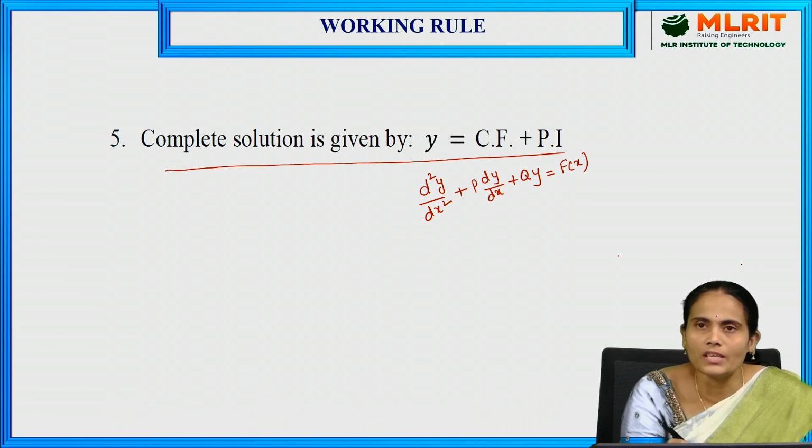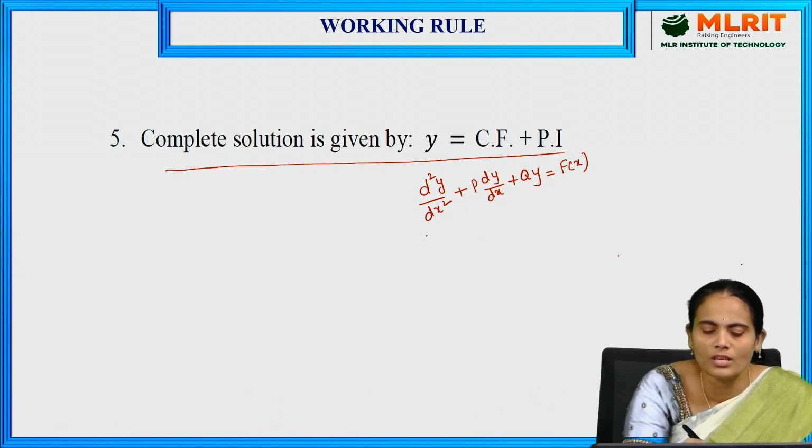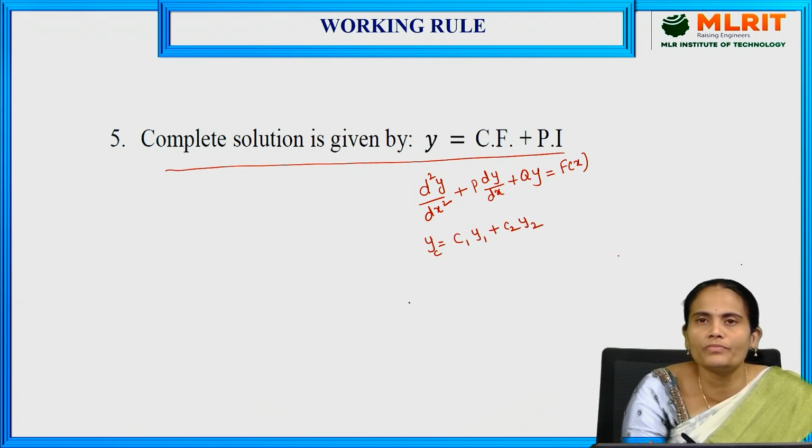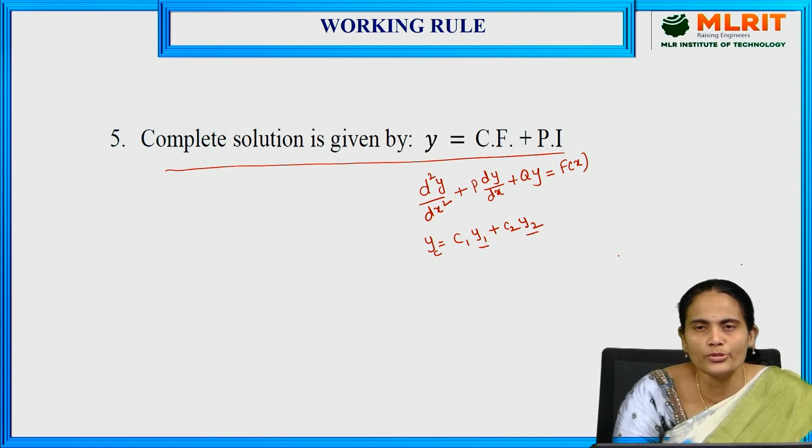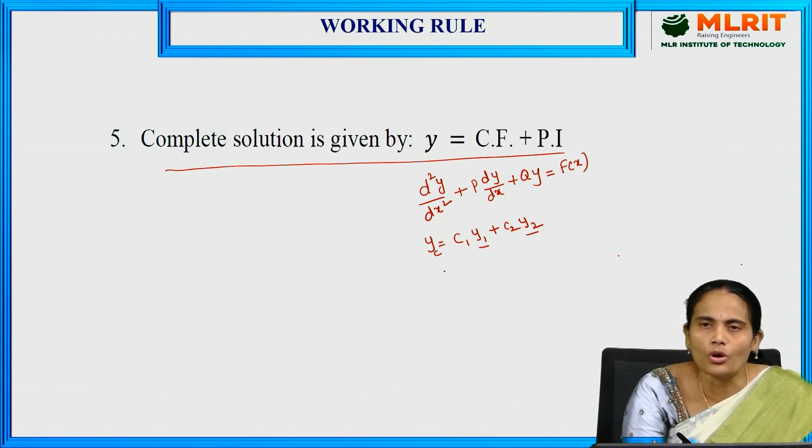So for this second order differential equation, first you have to find the complementary function, that is yc is equal to c1 into y1 plus c2 into y2. Here y1 and y2 are the linearly independent solutions. After finding the complementary function, you have to find the particular integral.